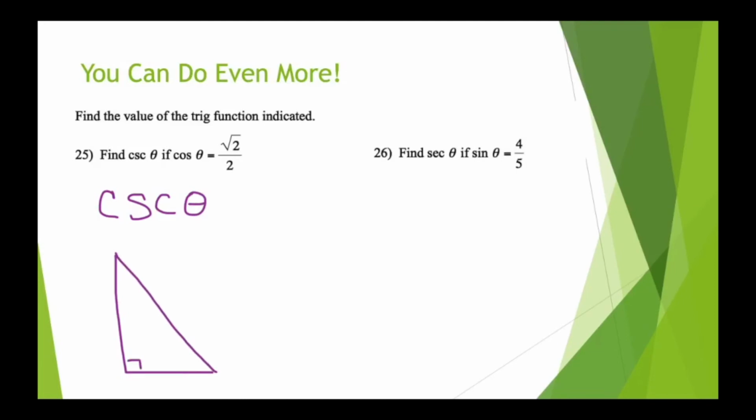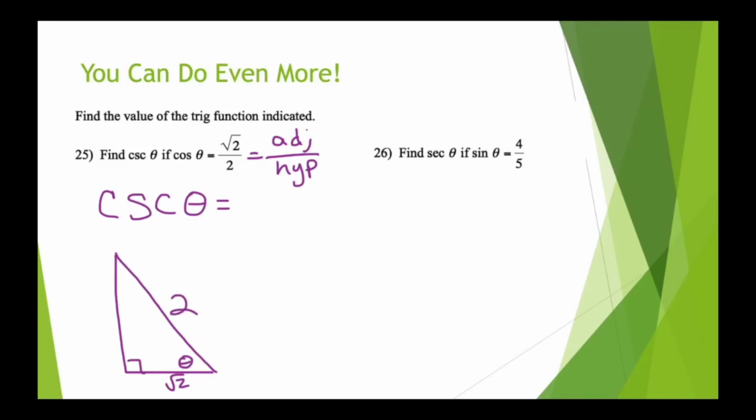You get to choose if you want to put theta here or here. I usually choose to put it on the bottom. It tells us that cosine is square root 2 over 2, and cosine is the adjacent over the hypotenuse. The adjacent is square root 2, and the hypotenuse is 2.